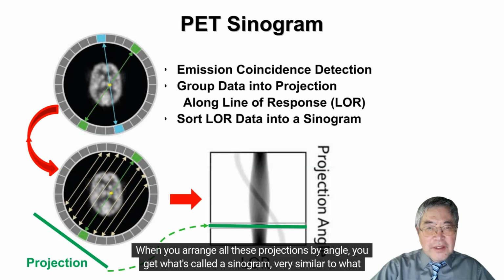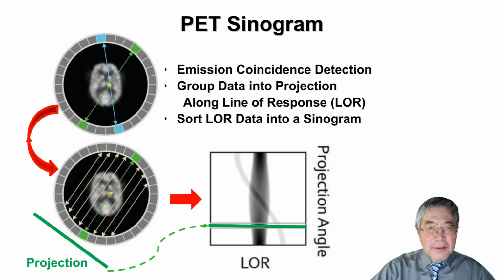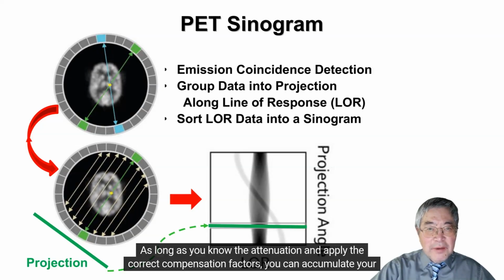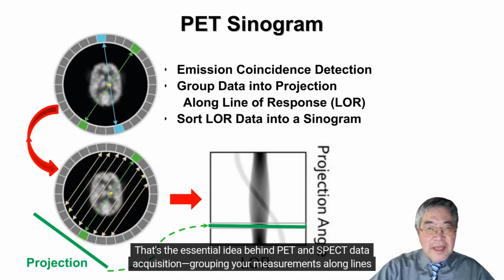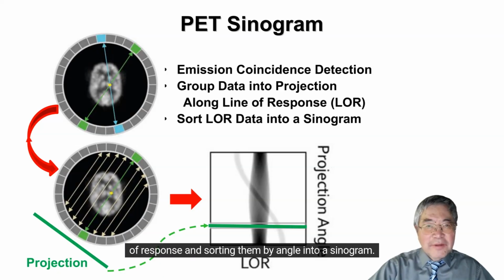When you arrange all these projections by angle, you get what's called a sinogram, very similar to what you see in CT. As long as you know the attenuation and apply the correct compensation factors, you can accumulate your data into these line integrals. That's the essential idea behind PET and SPECT data acquisition, grouping your measurements along lines of response and sorting them by angle into a sinogram.